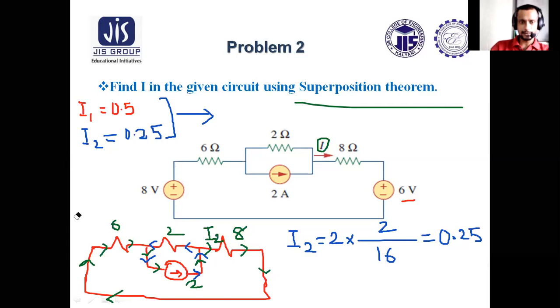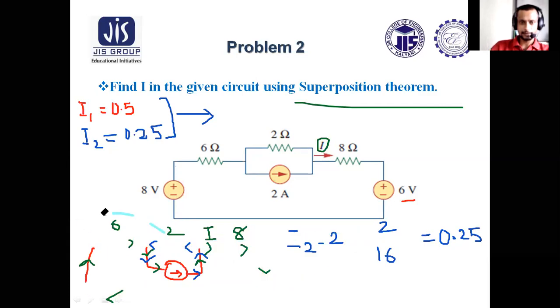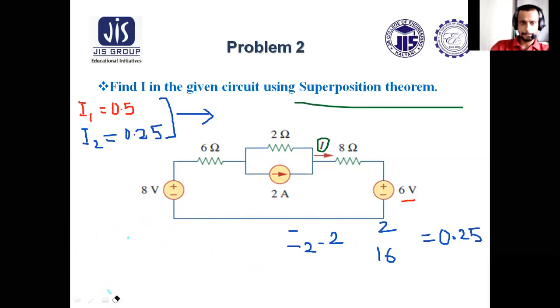Now let us consider the last case. For the last case, the 6 volt source will be considered.